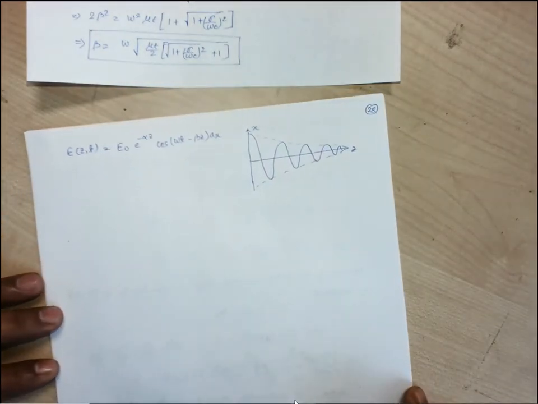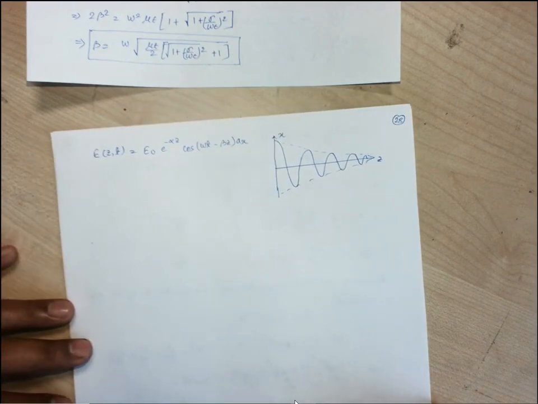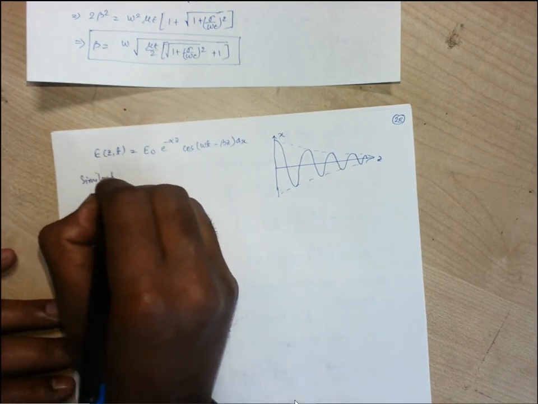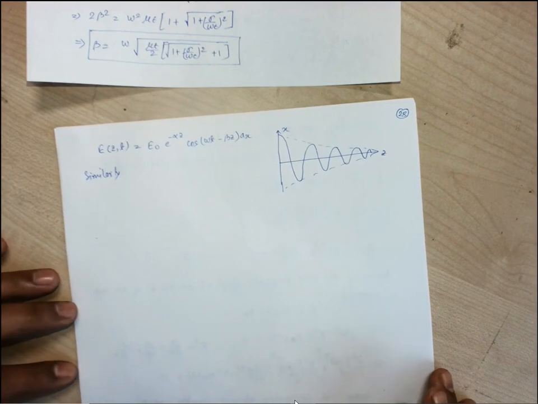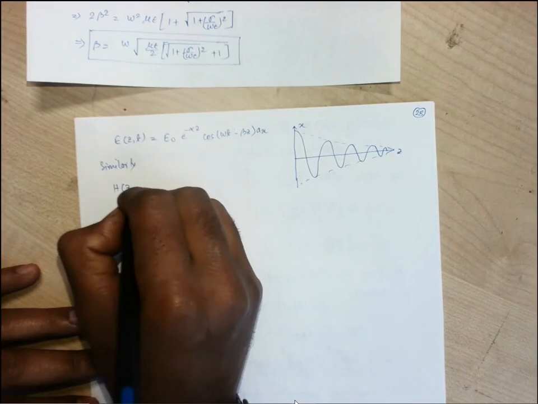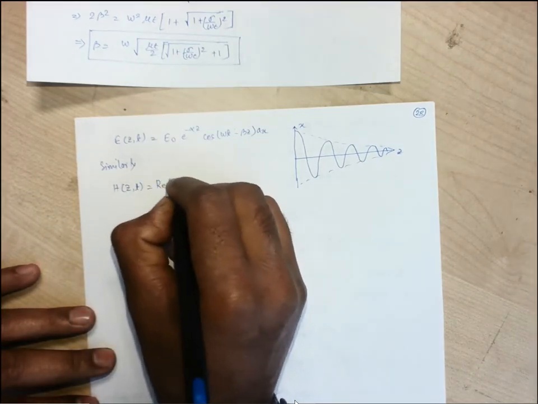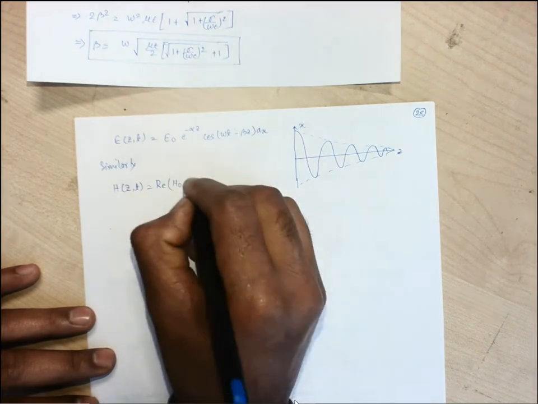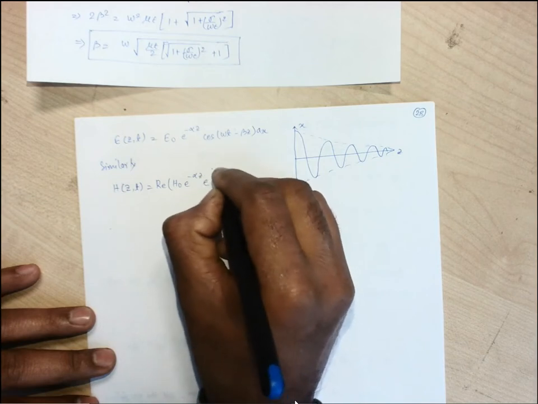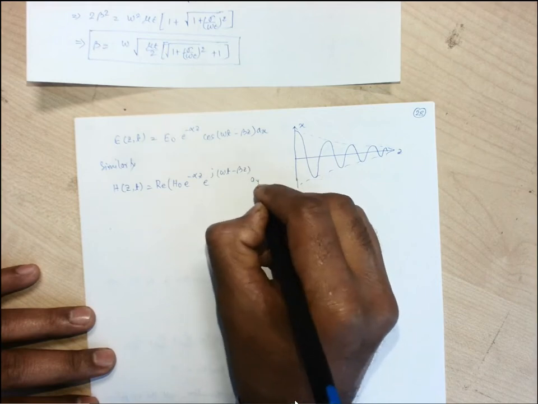Similarly, if we are having the x component for the electric field, we are having y component for the magnetic field, because all those components, this electric field and magnetic field, are orthogonal to each other. Minus alpha z e to the power j omega t minus beta z, it is having y component.